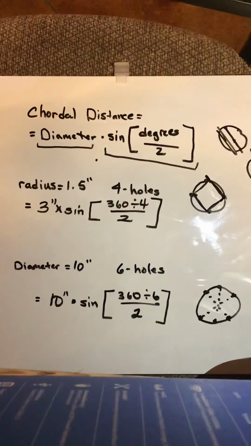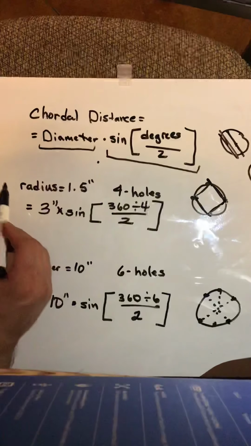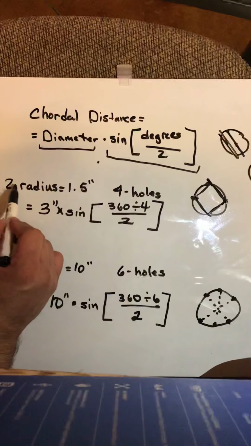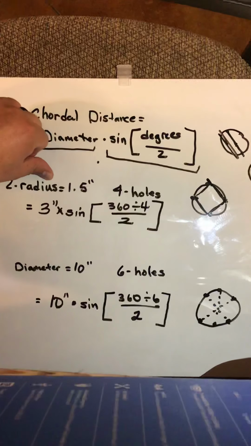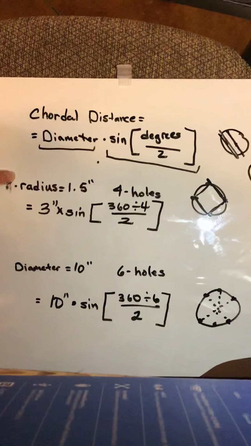Looking at my formula, I forgot something. It's going to be 2 times the radius. Sorry, hang on.